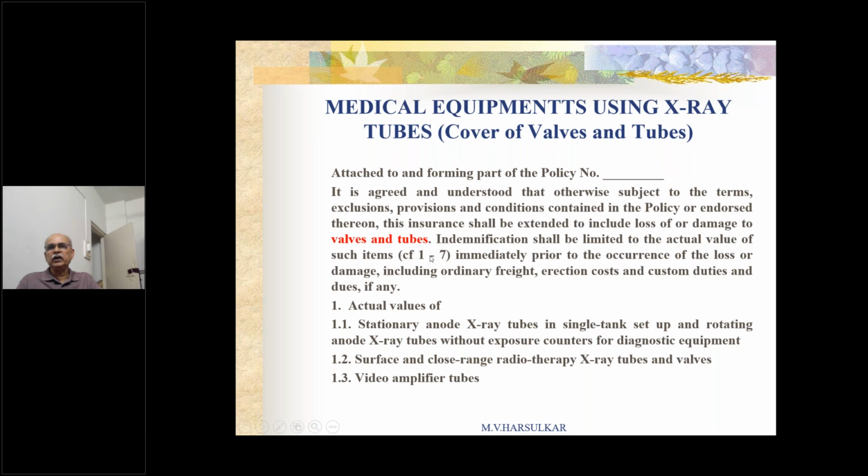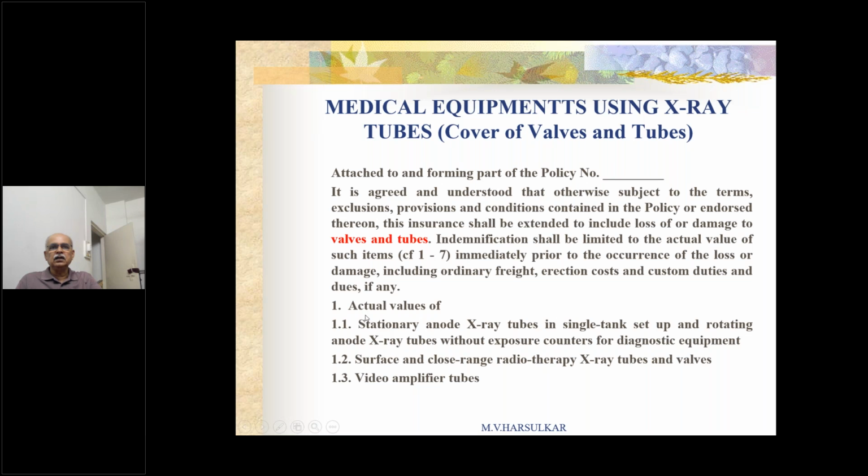Indemnification shall be limited to the actual value of such items immediately prior to the occurrence of loss or damage, including, so they say what costs are included: ordinary freight, erection cost, customs duties, again standard wording of the insured's requirement. So these are classified for different types of equipment. There are different endorsements. That is why they said 1 to 7. There are 7 endorsements.